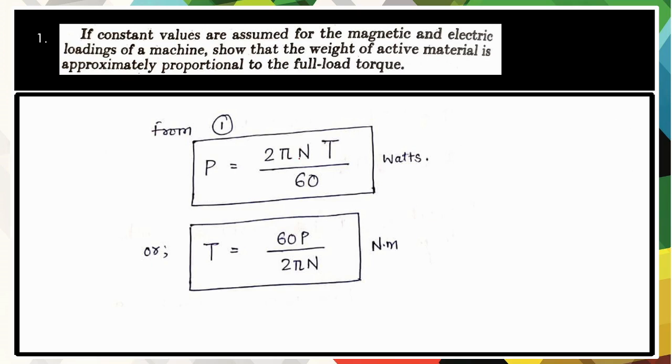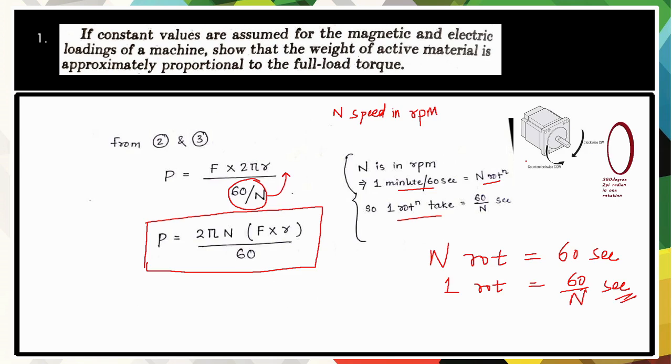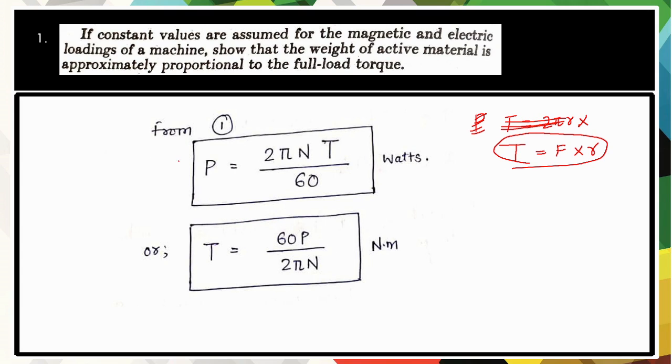So again from 1, T equal to F into R. By putting this value, F into R equal to T, P will become 2 pi N T by 60 watts.